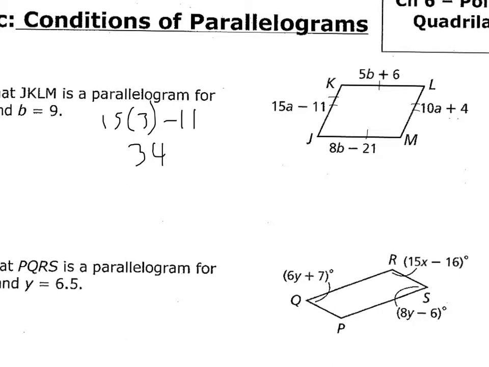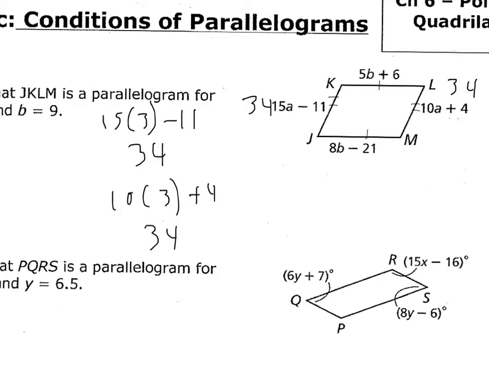So that side is 34. Let's try the other side. We have 10 times 3 plus 4. 10 times 3 is 30. Add 4, you get 34. So those two sides are congruent, so that's good.